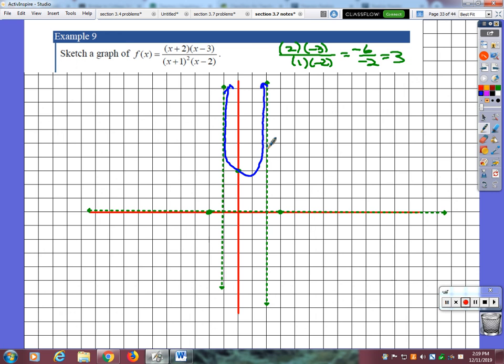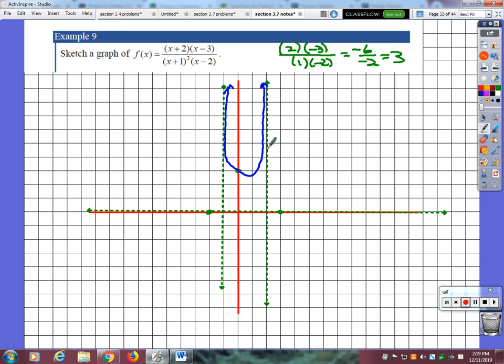Yeah, let's go with that. What else would it be? It can't be anything else because I can't turn around and go down this way. I can't cross the axis. Well, no, but I got an asymptote there, so it's boxed in. Okay. You're welcome. All right.